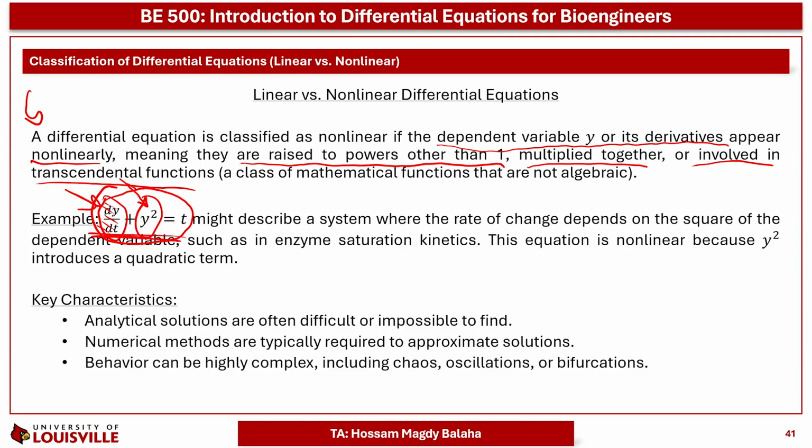If we try to solve this equation using the traditional ways to solve linear ones, it will be difficult or impossible to find solutions. In these cases, there are numerical methods to approximate the solutions. So based on the classification, whether it's linear or nonlinear, you will categorize the ways to solve each of them.